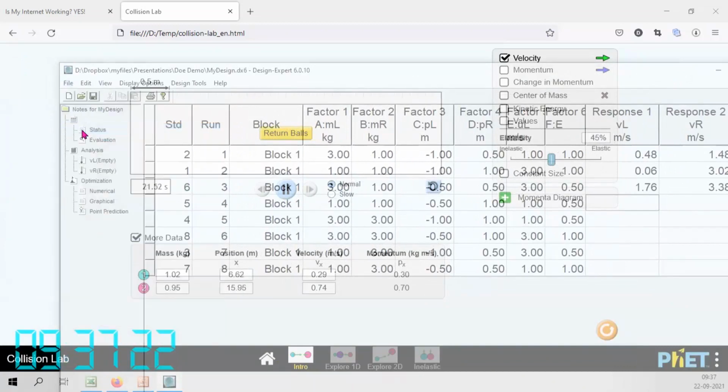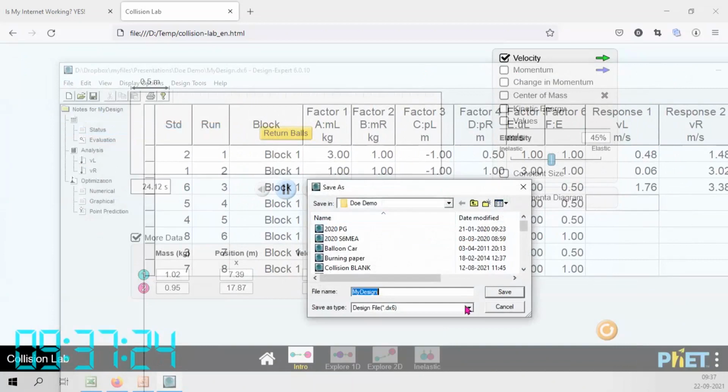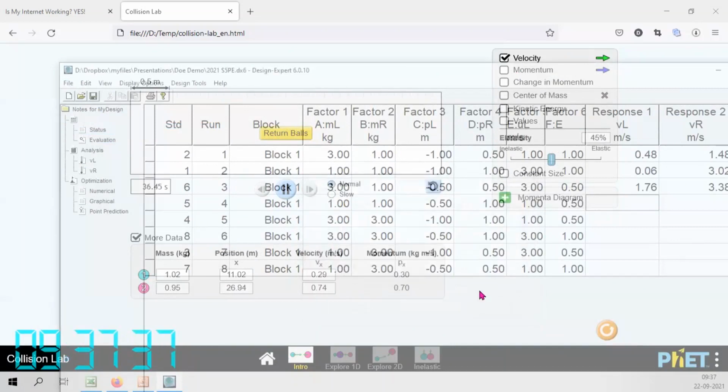Save and reopen. Some problem, it is not disappearing.